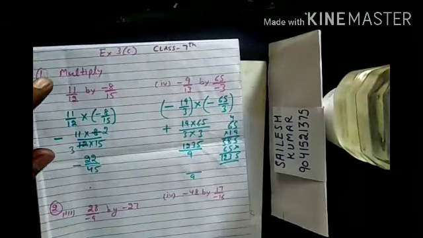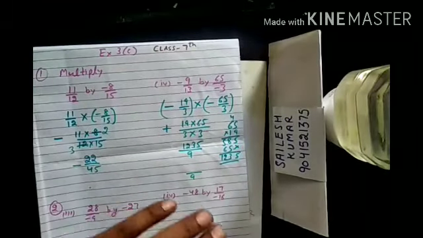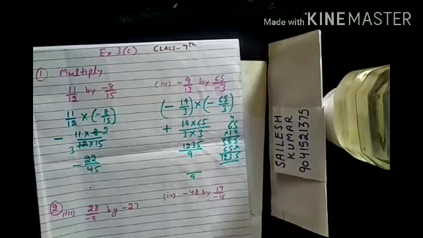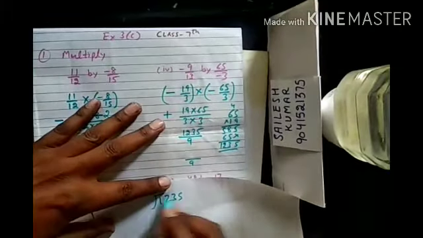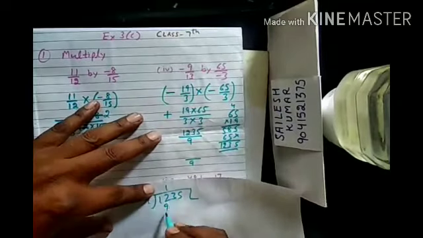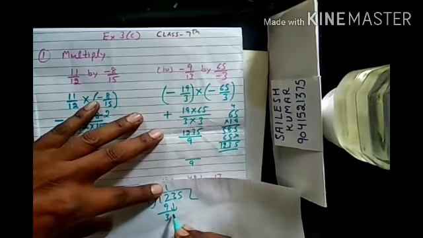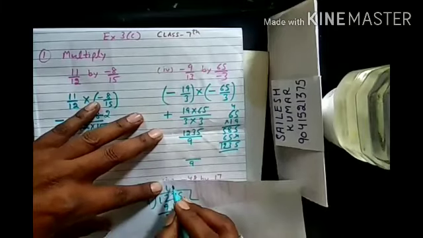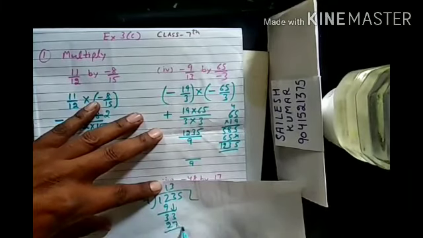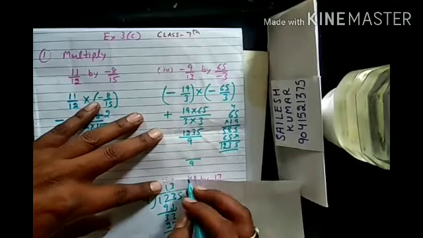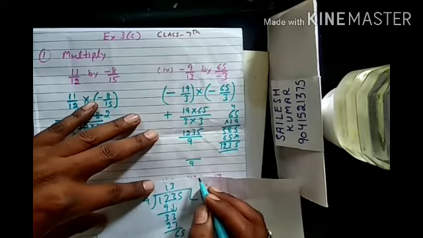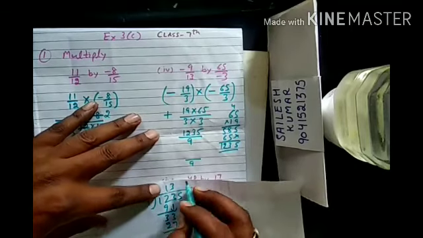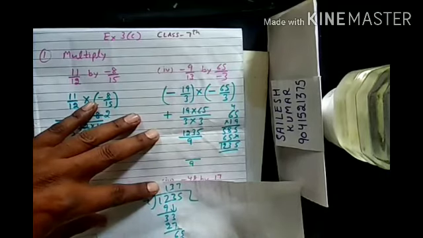So in the rough work I can do it here. 1235 divided by 9. 9 ones are 9, 3 and 3. 9 threes are 27 and 6 and 9, 9 5s are 45, 9 6s are 54, 9 7s are 63, remainder 2.